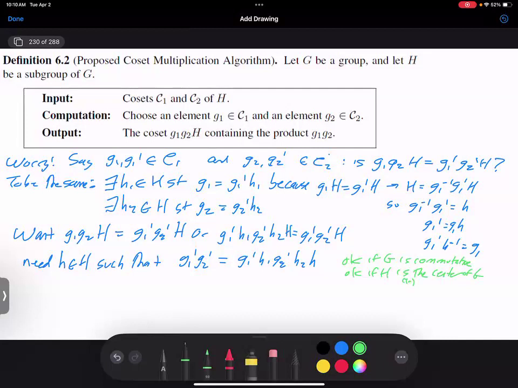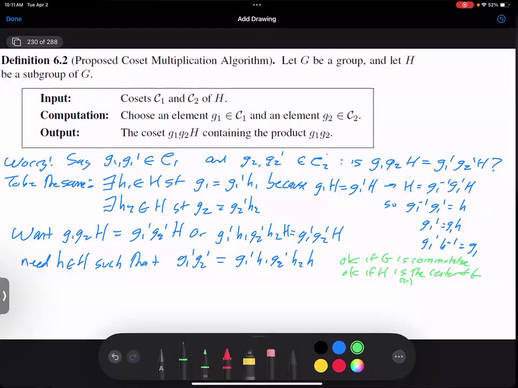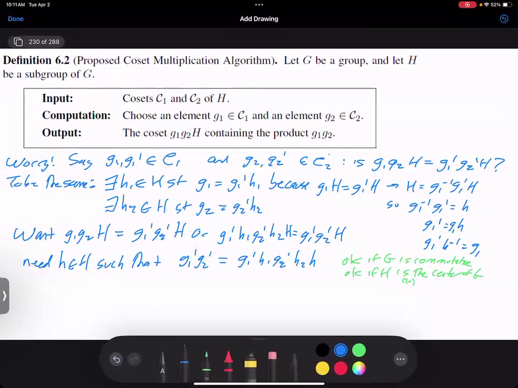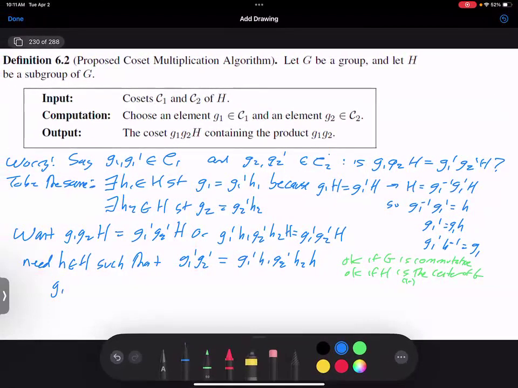Do these two expressions look a little bit alike? What do they have that's good? What makes them look similar? Right. So do they both start off like that? Okay, so they both start off with G1 prime. So we can write this as G1 prime, G2 prime is G1 prime, and then we've got H1, G2 prime, H2H.